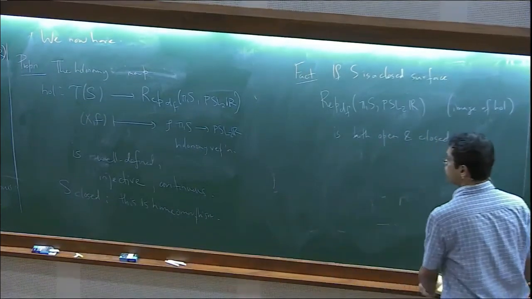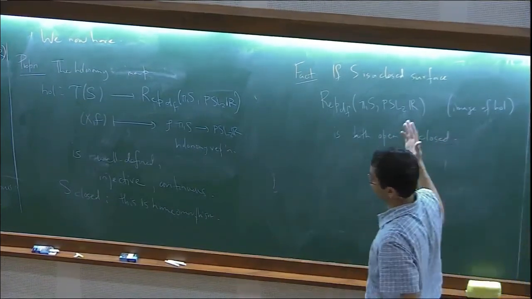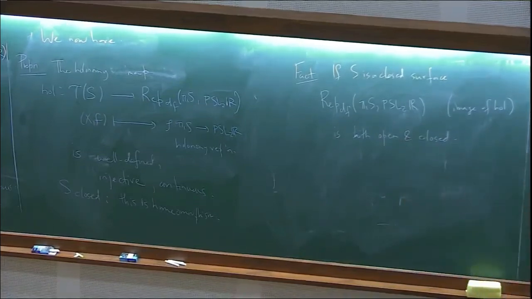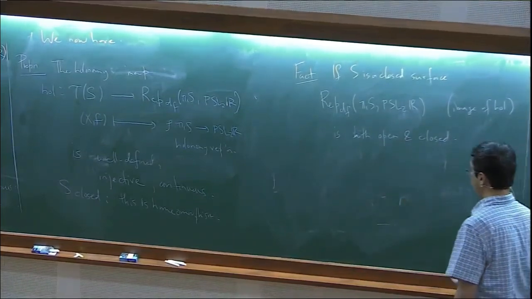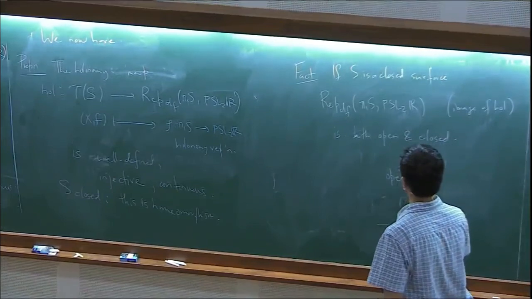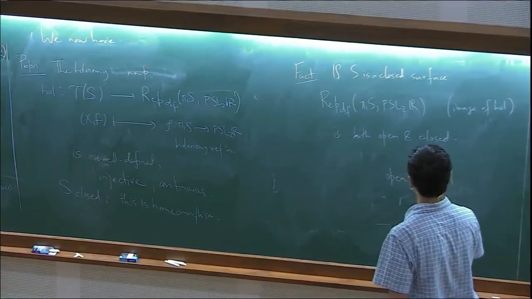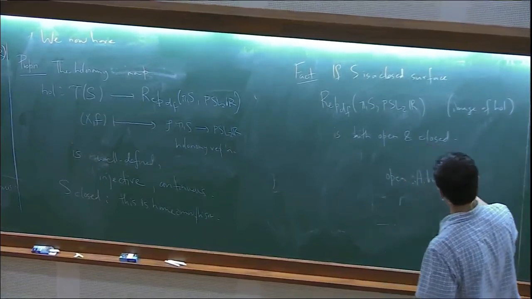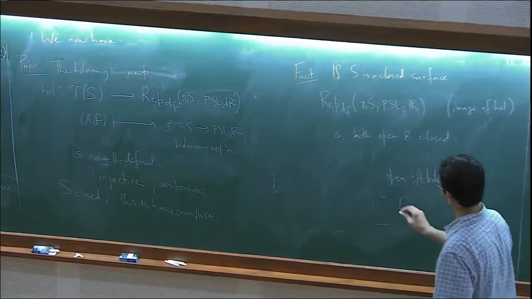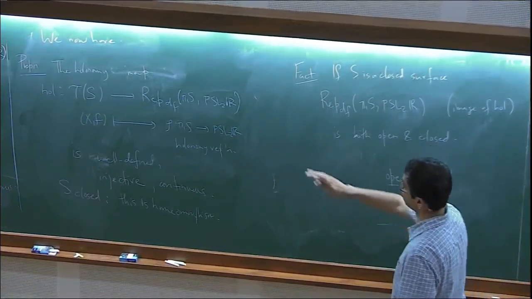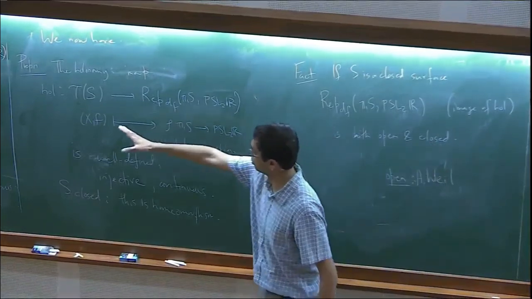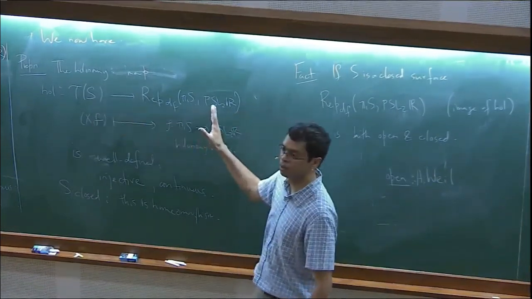Openness is a part of a more general fact. In this context, originally it's a theorem of André Weil. If you've already seen this, this is a homeomorphism to its image.